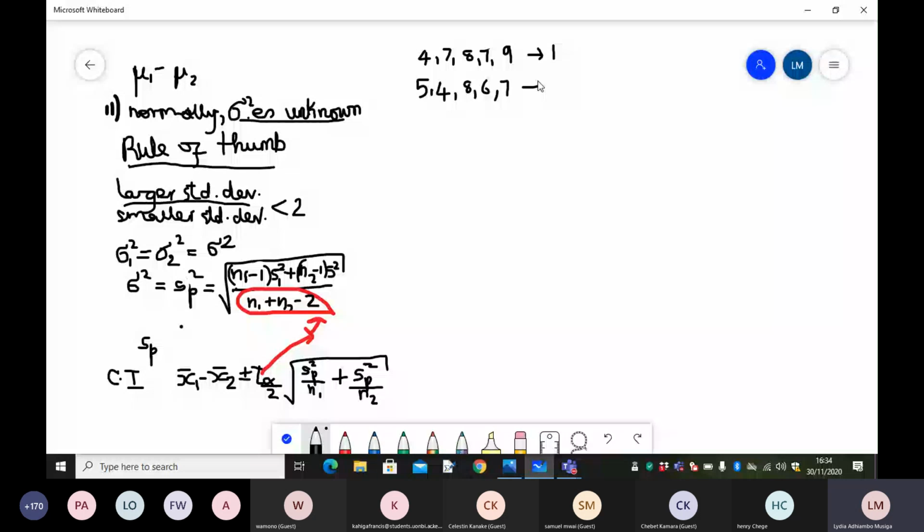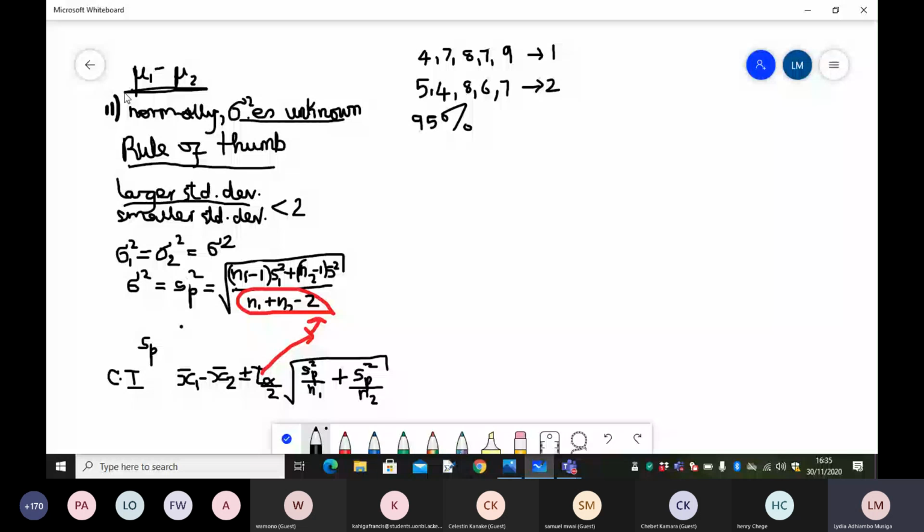So the question is, find the 95% confidence interval for mu1 minus mu2. We need to find the 95% confidence interval.